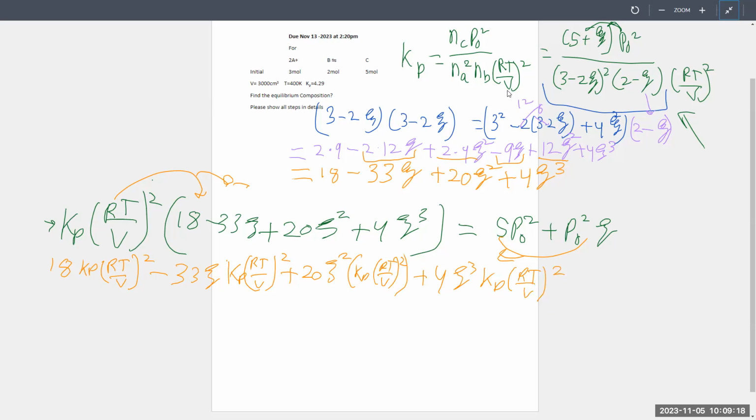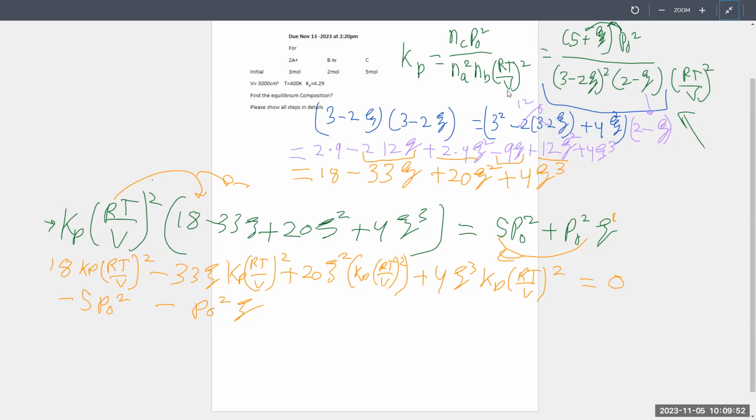And then we're adding 5 P naught, which will probably be here. 5 P naught squared. And then this is singular, so that would be over here. And all that is equal to 0.